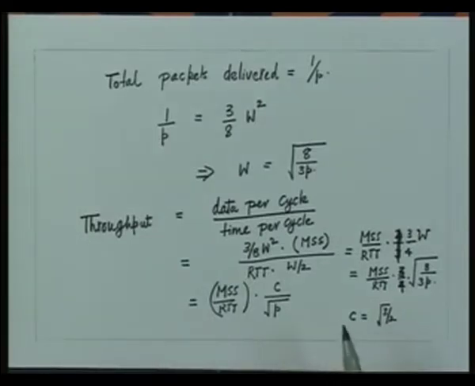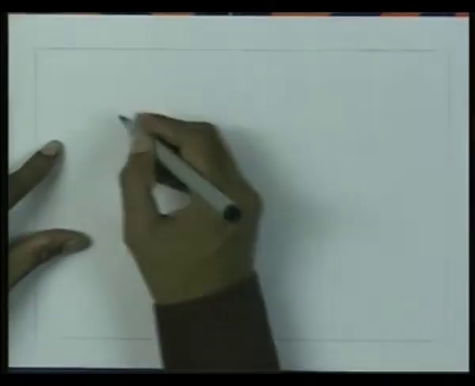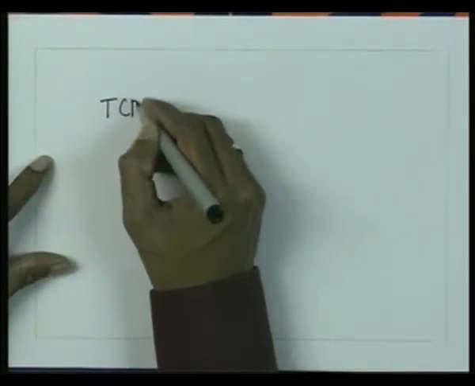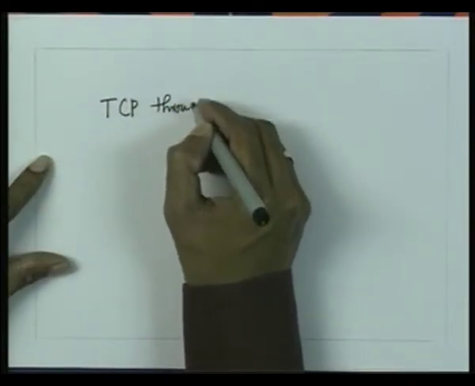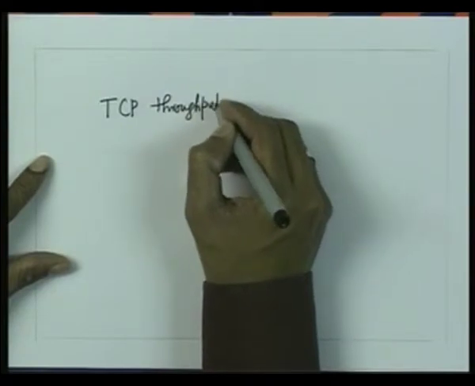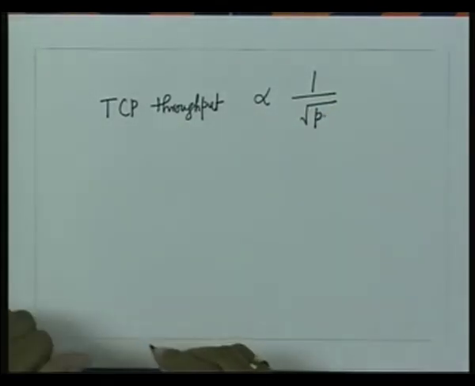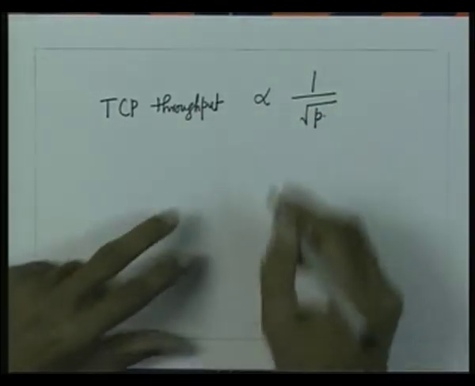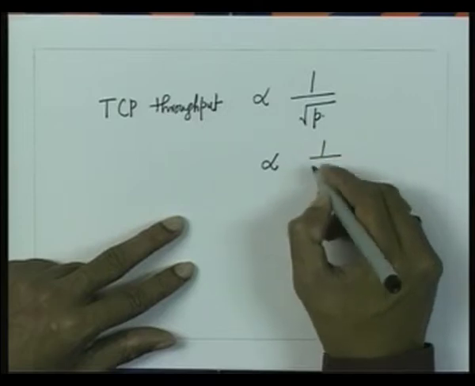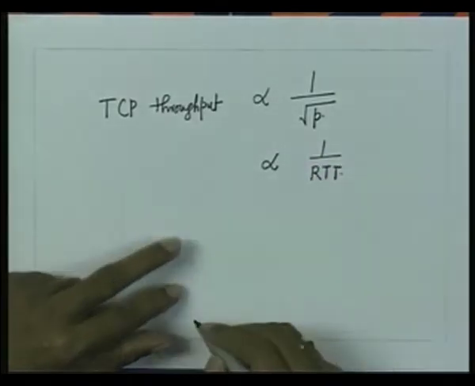So what we are actually trying to say is that the throughput of the TCP source is inversely proportional to the square root of the packet loss probability. That's an important result. It is also inversely proportional to the round trip time.